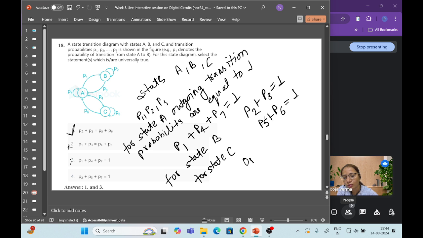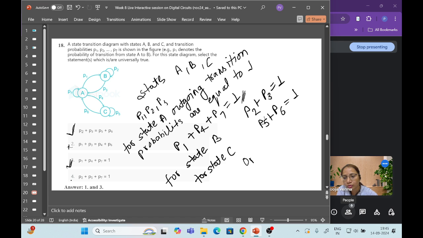Now check the next one: P1 plus P4 plus P7 is equal to 1. Already we have written that for state A the outgoing transition probabilities are equal to 1, so that is also correct.